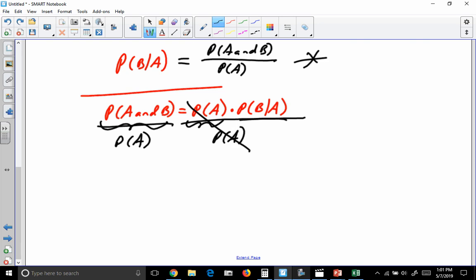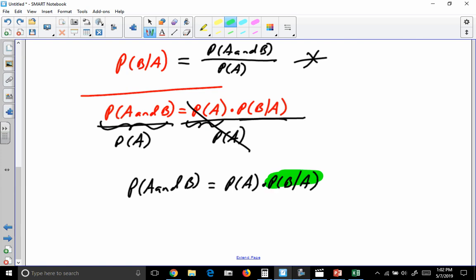To me, the fewer formulas I have, the better. I'm less likely to mix things up. So I generally use just one of those. I'll just take this formula and I plug in for whatever pieces of information I know.